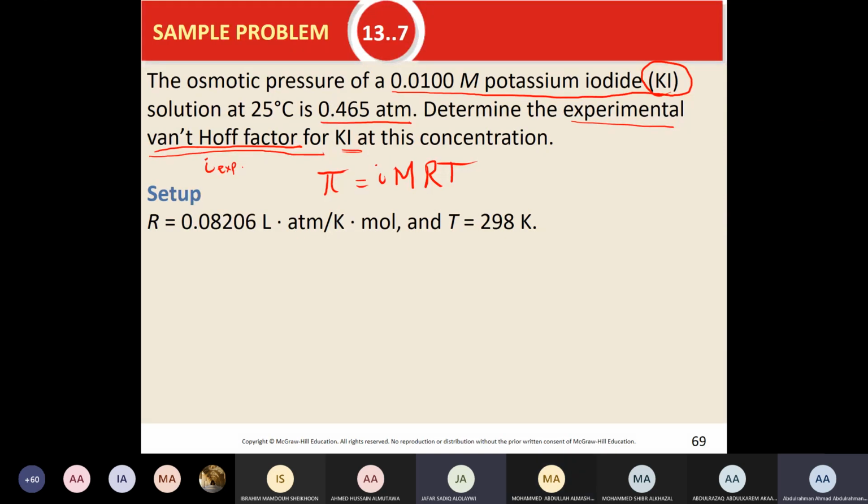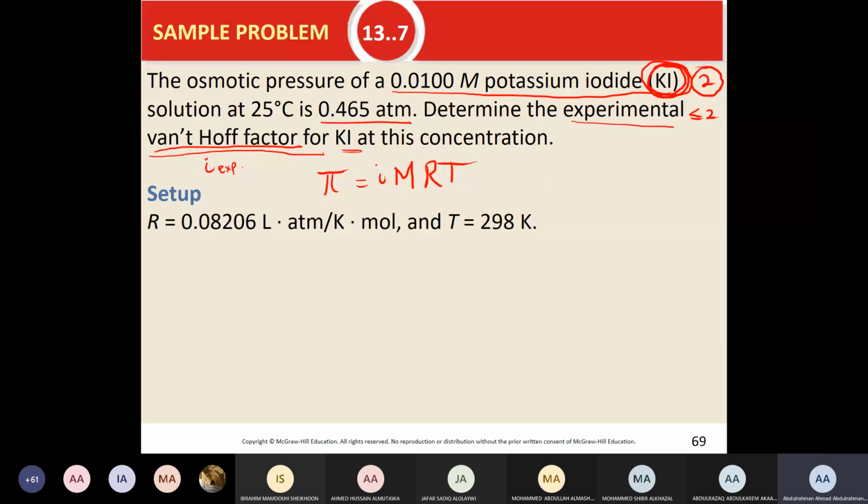Yes, why are you saying 2? It is 2, but why? +1 and -1. Yes, that's 2. So what should my answer be before I even do the problem? Less than or equal to 2. That's exactly what's happening. Good.